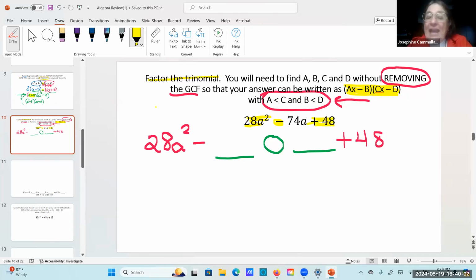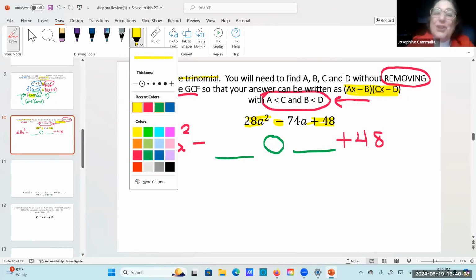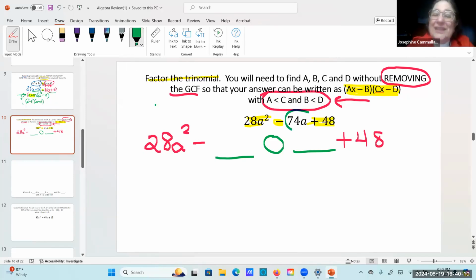Okay. Now, the blank, circle, blank is what I need to do to make 74A. So I already know that this has got to have an A, and this has got to have an A, because 74 has an A.